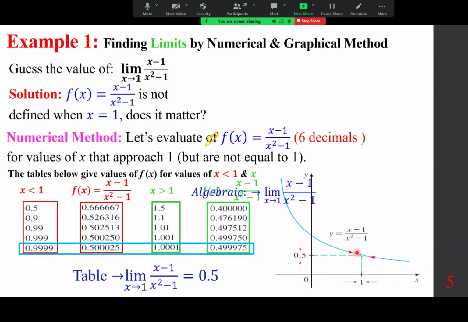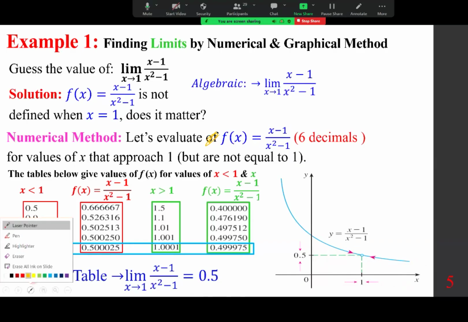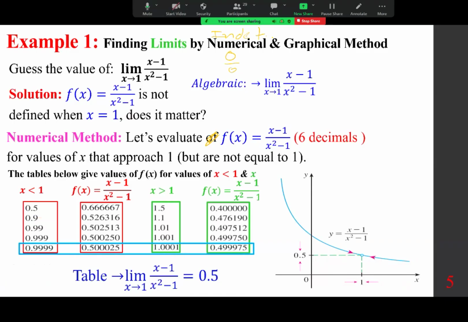However, what is the algebraic method? What happens when you plug in, you get 0 over 0. As you recall, 0 over 0 is indeterminate. And if you recall, we said indeterminate means more work, meaning use your algebraic techniques, in which case we are going to use the conjugate.